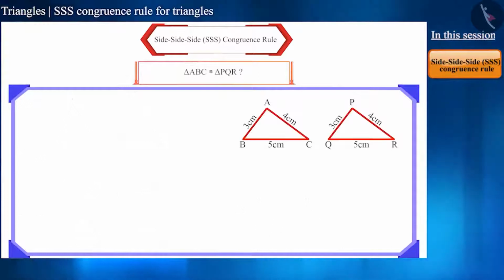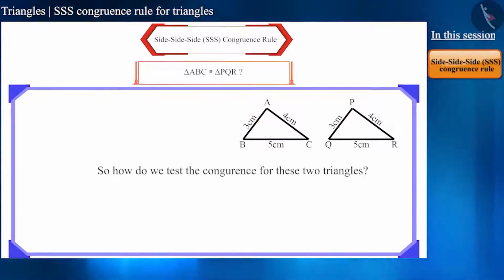But in these triangles, no information is given about the angles. Only the length of the sides are given. So how can we check the congruence of these triangles?